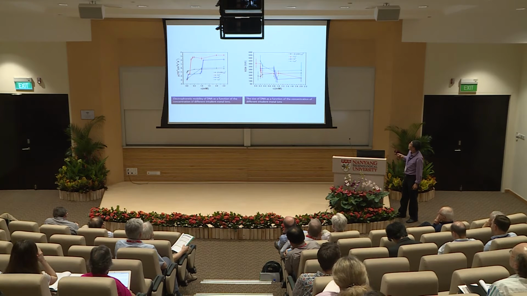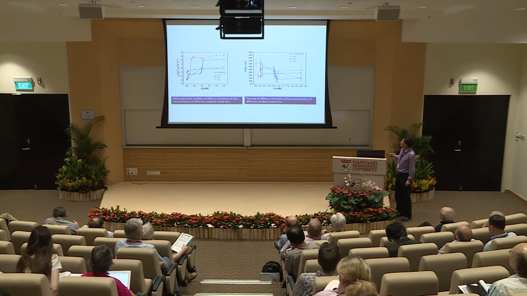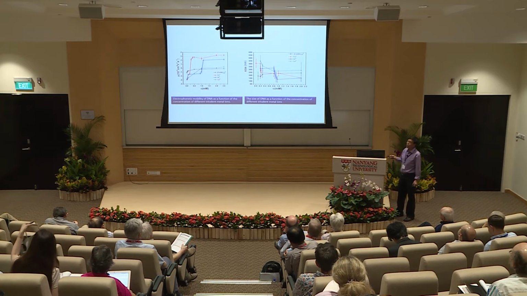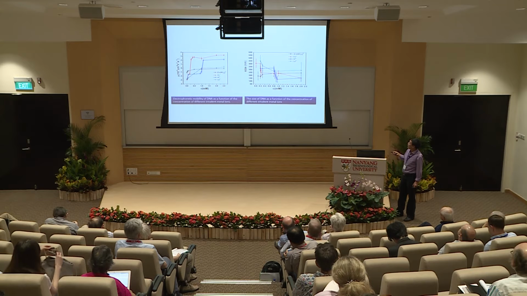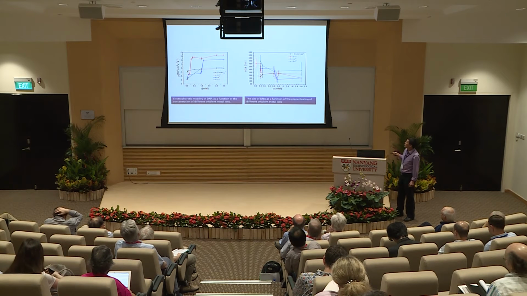This is the aluminum. So we use two different hydrolyzed counterions, iron and aluminum, and we can observe the curve of electromobility is quite different.